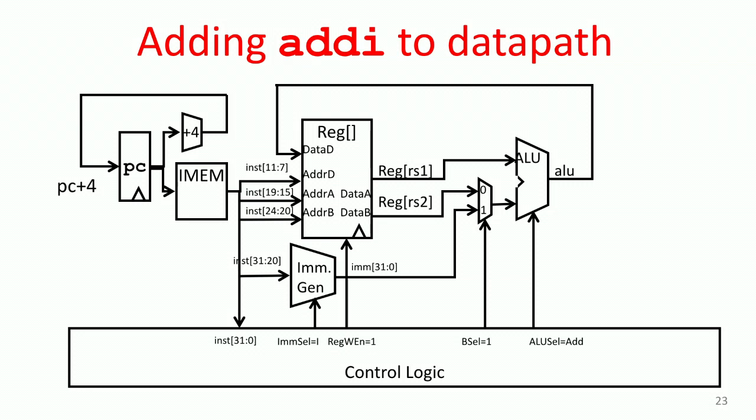We put the multiplexer here and added a control signal. The controller is now responsible for generating what's called B-sel, or B-select. It's the selection for the B input to the ALU. If we set it to 1, then we get the output of the immediate generator rather than RS2.